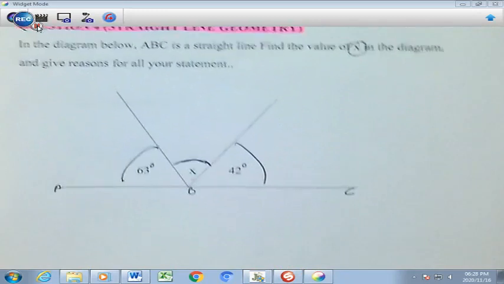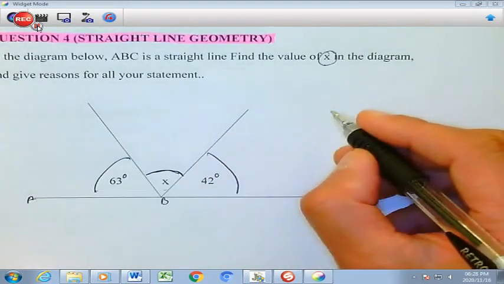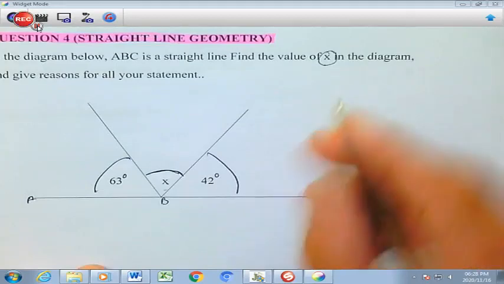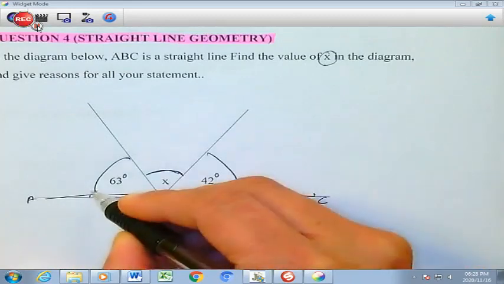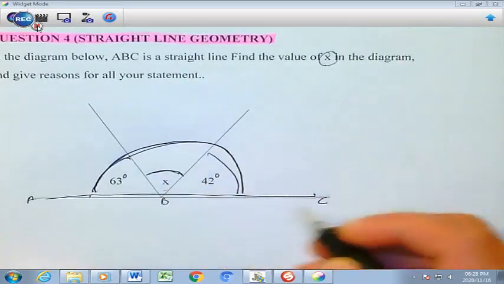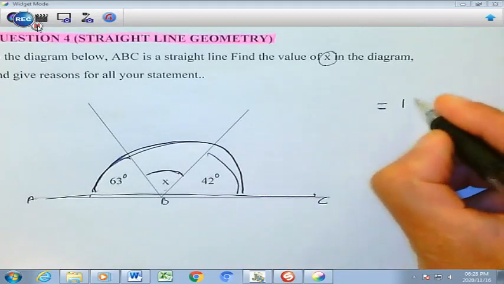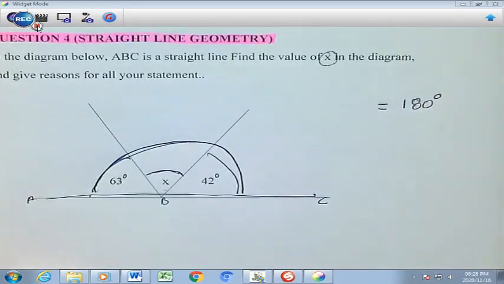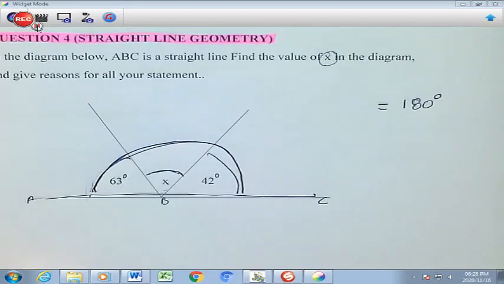Okay, very simple. This is how you tackle this question. On your blank sheet of paper, you need to understand that because this is a straight line and that is an angle on a straight line, so that there equals 180 degrees. All of this add up to 180 degrees.